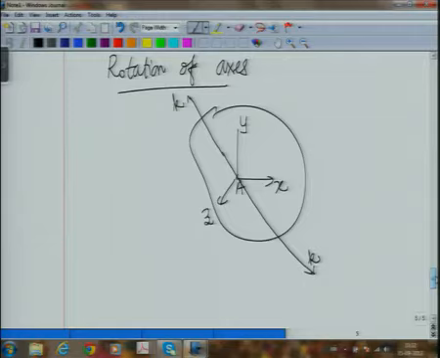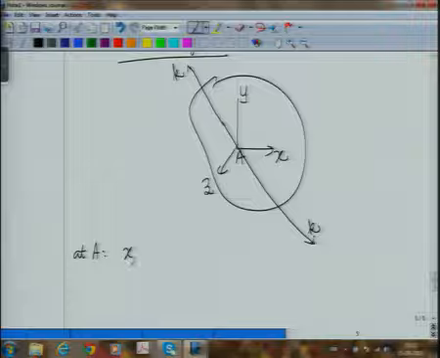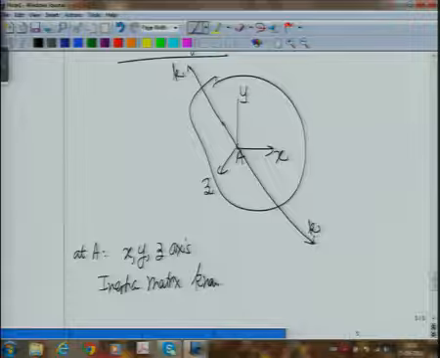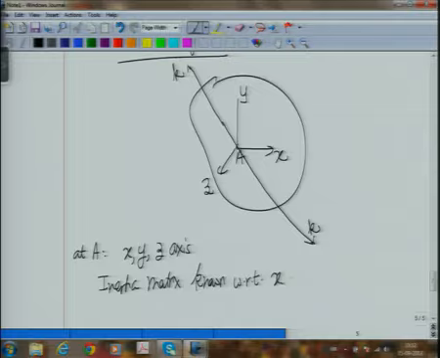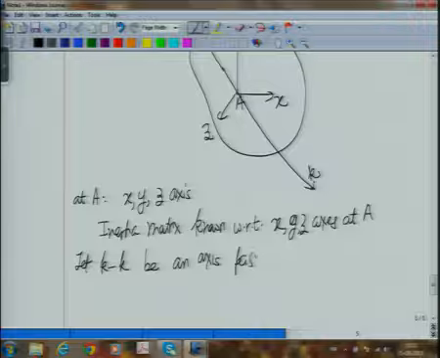So, at A we have X, Y, Z axes and the inertia matrix known with respect to the X, Y, Z axes at A, and let KK be an axis passing through A.